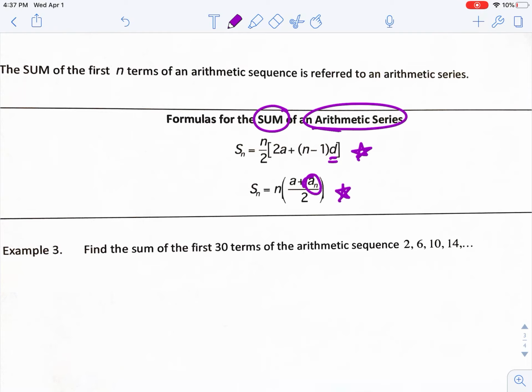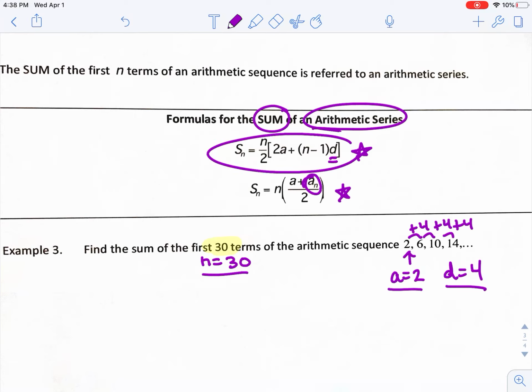So for this example, let's see what we're given. We've got the first 30 terms, so that's n equals 30. And here's our sequence. So what do I know? I know that A is equal to 2, and I also can find that my common difference is 4. So I know A, I know D, and I know N. And so that means I would use the first equation.